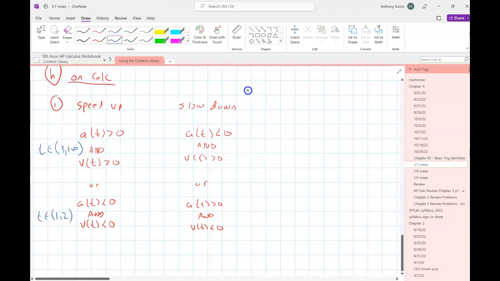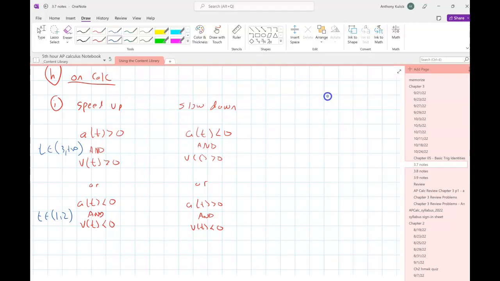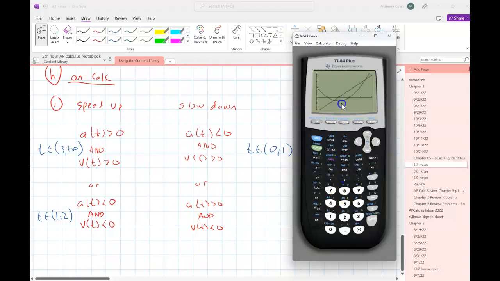So where are we slowing down? Everywhere else. Where the acceleration is negative but the velocity is positive, that was from 0 to 1. And the place where acceleration is positive but velocity is negative was this spot from 2 to 3.